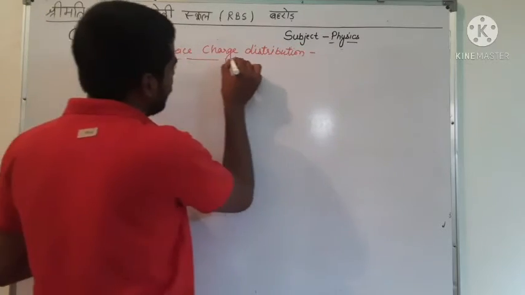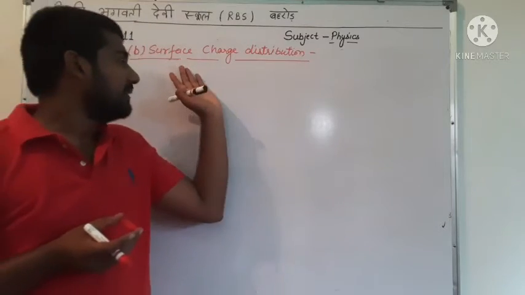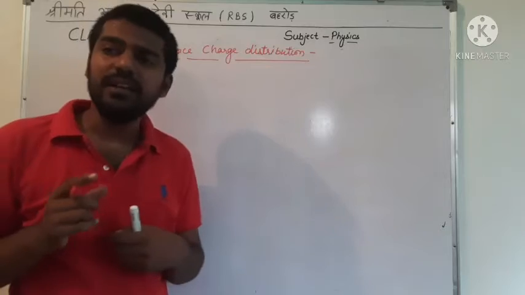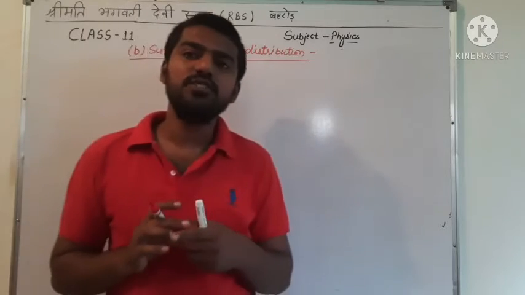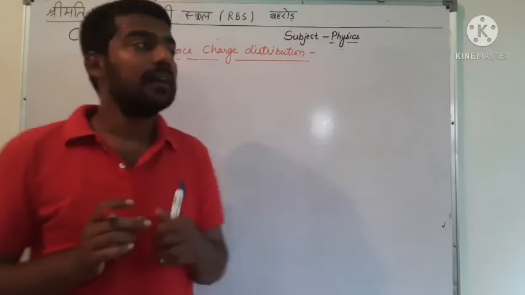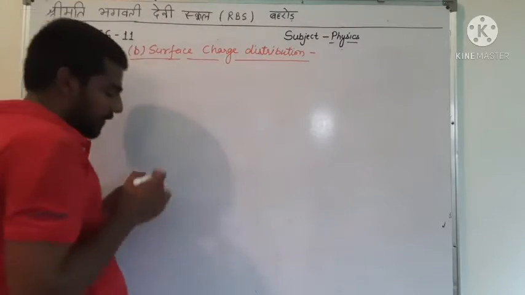According to linear charge distribution, the charge is distributed in a linear form, in a line. And here the charge is distributed at a surface.